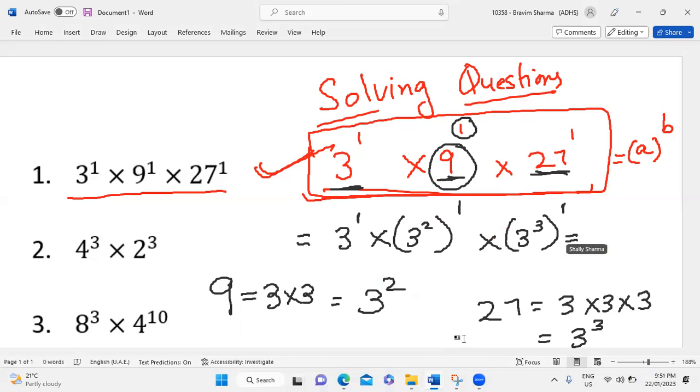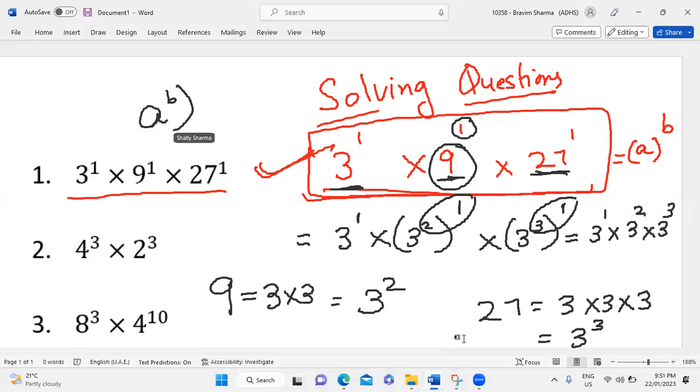Now all the bases are the same, and we apply the property of multiplying powers. When you have a power expression and then there is another power of it, it becomes a to the power of bc. The powers get multiplied. So here it is 2 times 1 equals 2, and 3 times 1 equals 3.